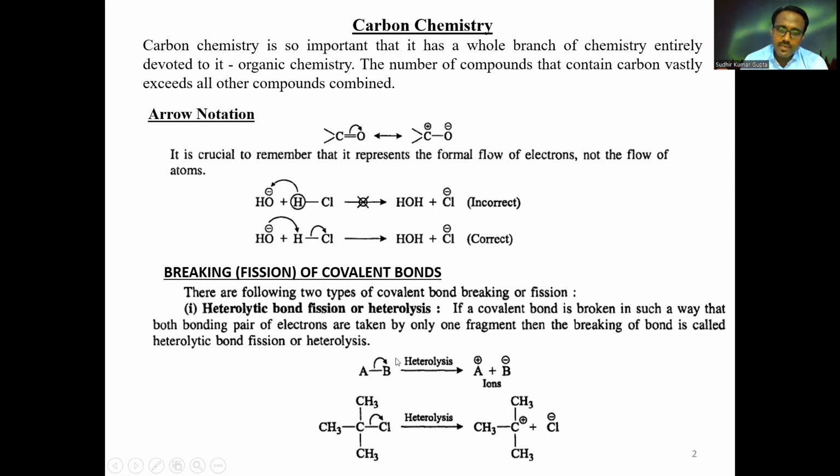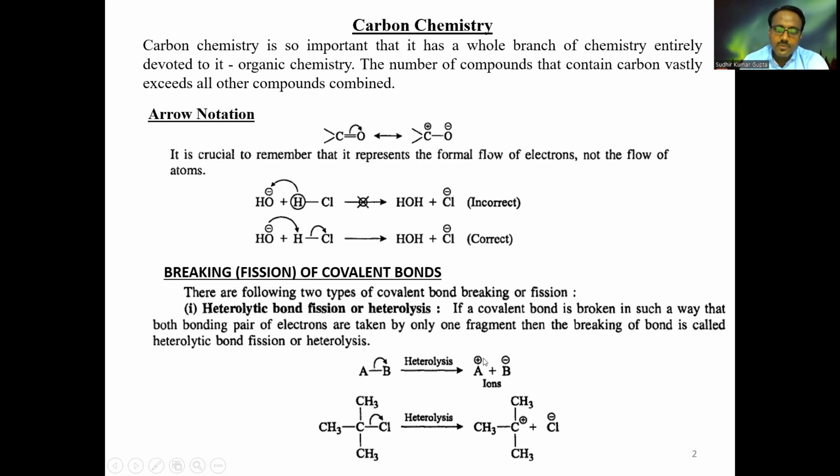Suppose we have a bond between A and B. If there is heterolysis, that is cleavage of the bond in such a way that both electrons of the pair are taken by one fragment, then we will get A plus and B minus, or B plus and A minus.